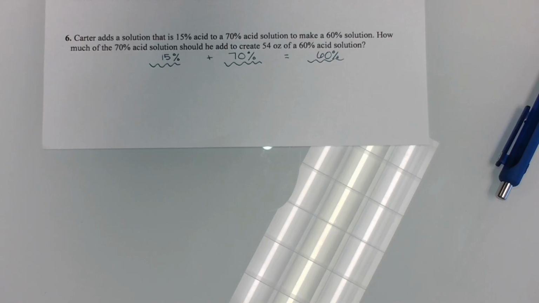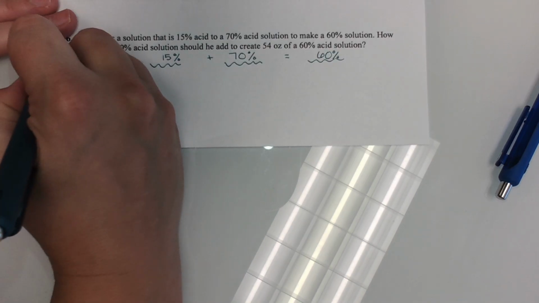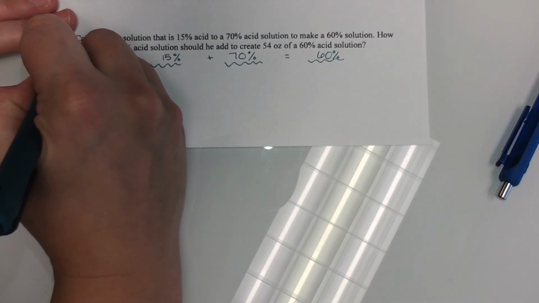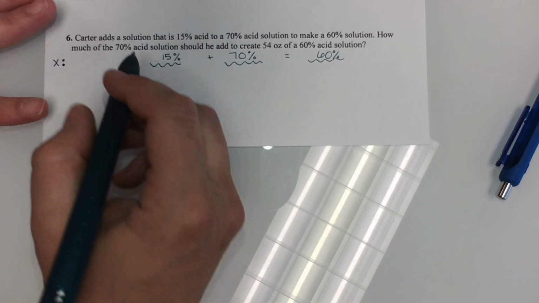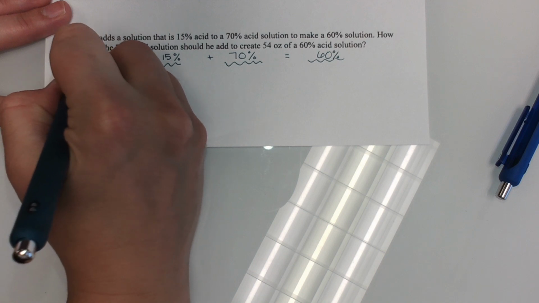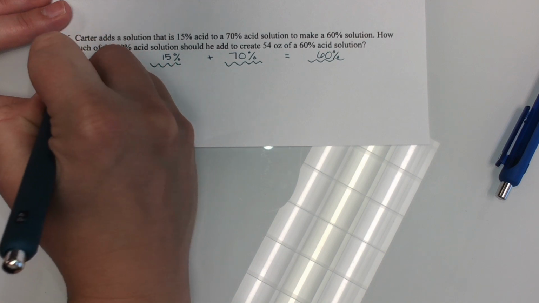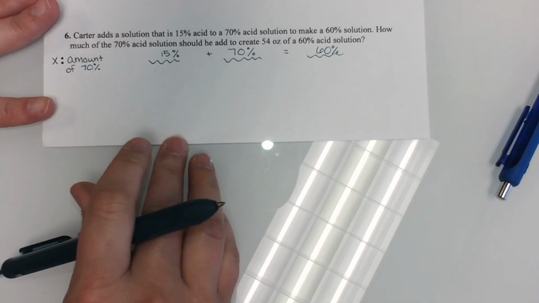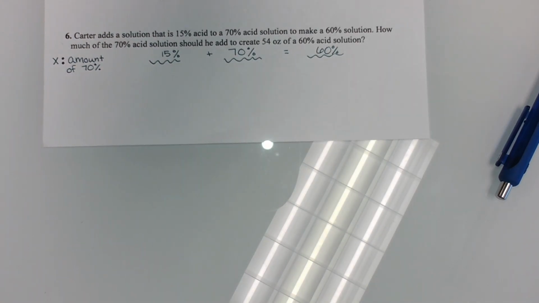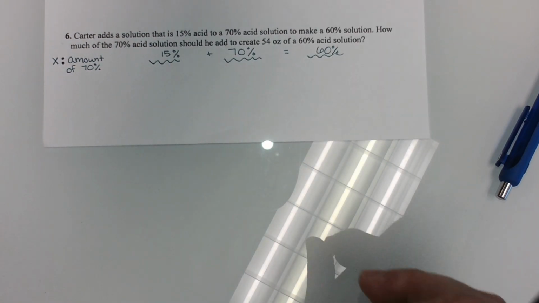Figure out just basics of what you're doing. Next thing you should do is figure out what it is you're actually trying to solve for. Define your variable. I like X. X is asking us to find how much of which one? Yeah, it says of the 70% solution. We can then write our equation.